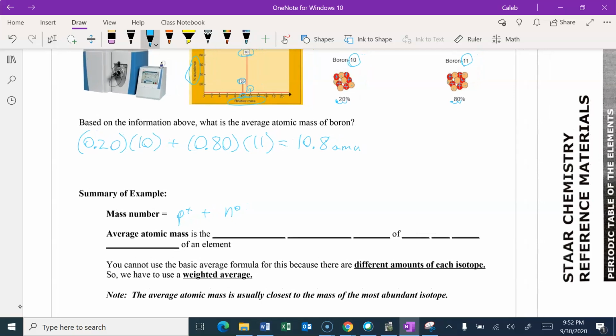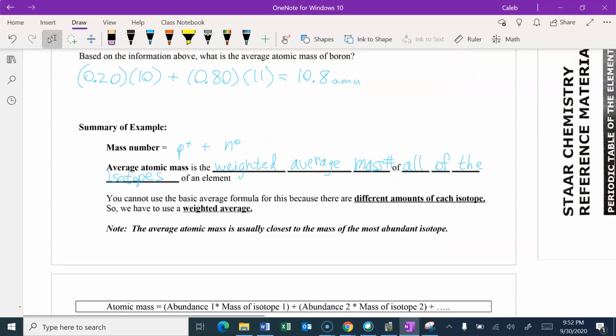It is the weighted average mass number of all of the isotopes of an element. So you have to know the percentage and you have to know the mass of your isotopes.